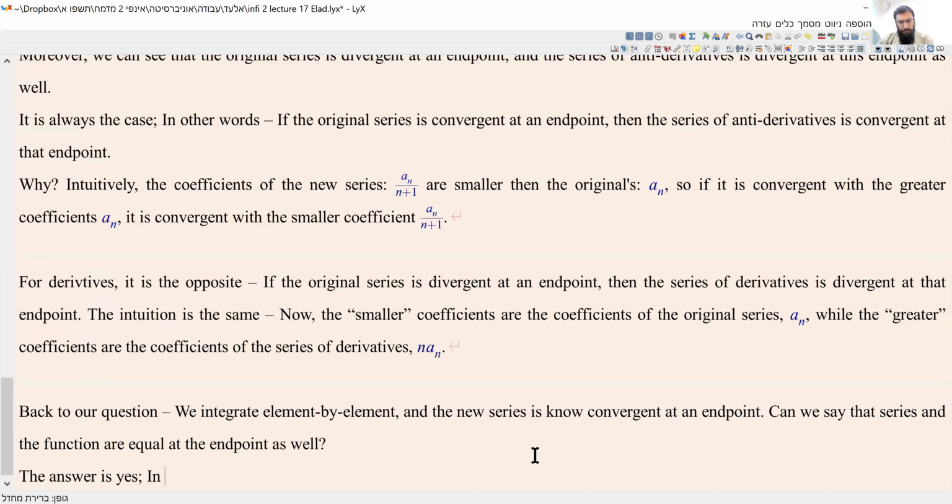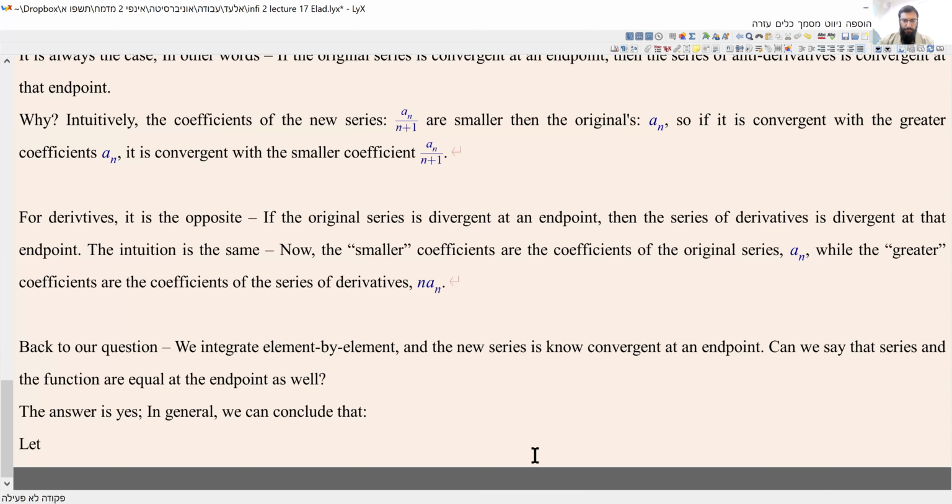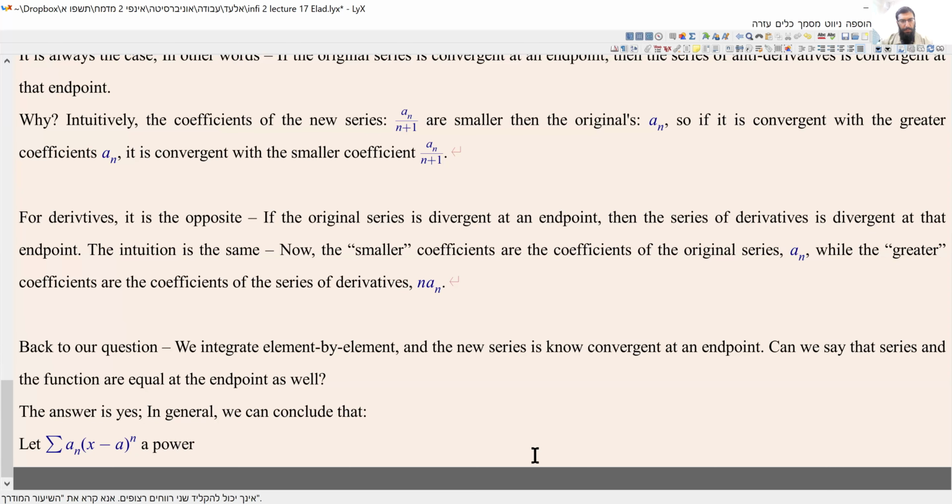Generally, we can conclude, writing a different sentence, that the sum of a_n times (x minus c) to the power n, be a power series.